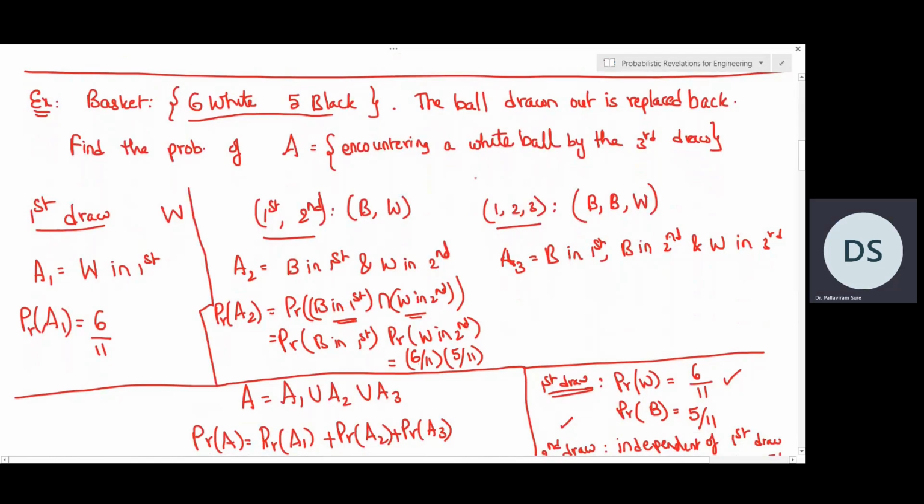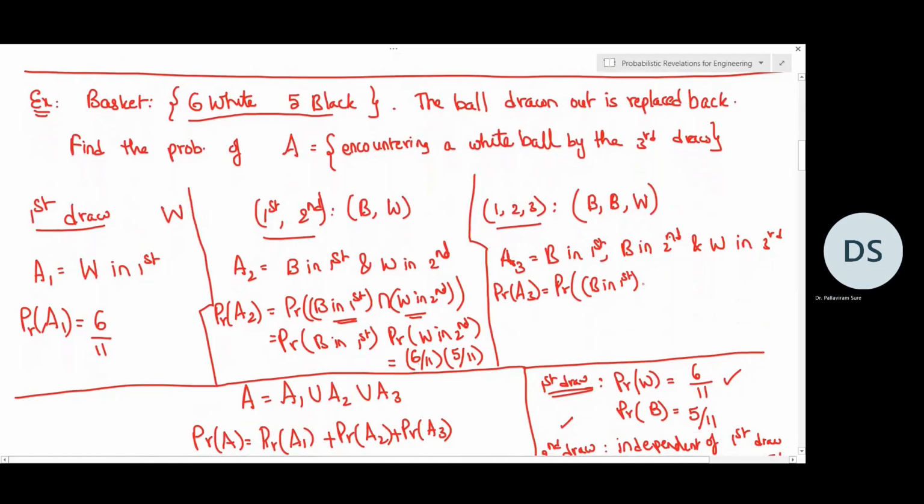Now same way, if we proceed with calculating the probability of A3, the probability of A3 is written as the probability of 3 different sub-events. So B in first, intersection B in second, intersection white in third. So all these 3 events are written as intersections.